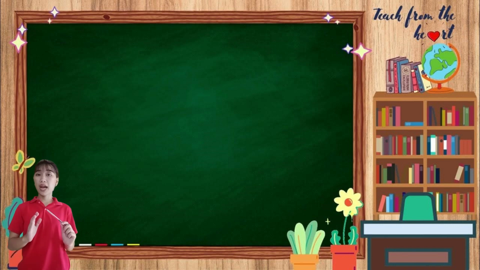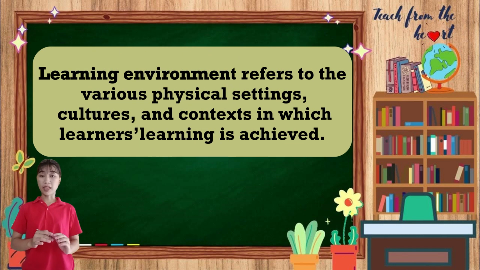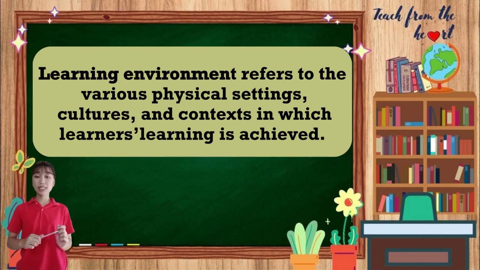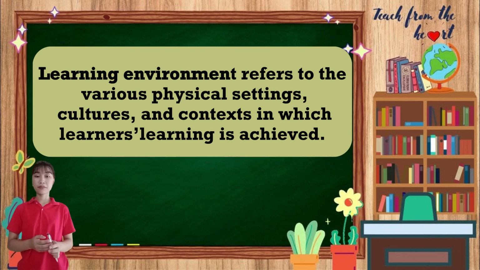Let us first define what a learning environment is, class, okay? A learning environment refers to the various physical settings, cultures, and contexts in which learners' learning is achieved. It is an atmosphere in which you as students are able to learn.